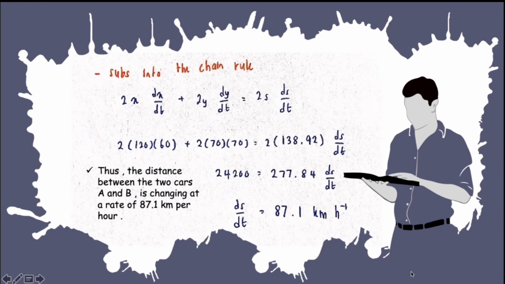Substituting the answer, which is s, we get 2 bracket 120 close bracket 60 plus 2 bracket 70 close bracket 70 equals 2 bracket 138.92 close bracket ds over dt, which is the speed between the distance of car A and car B at 10 a.m.